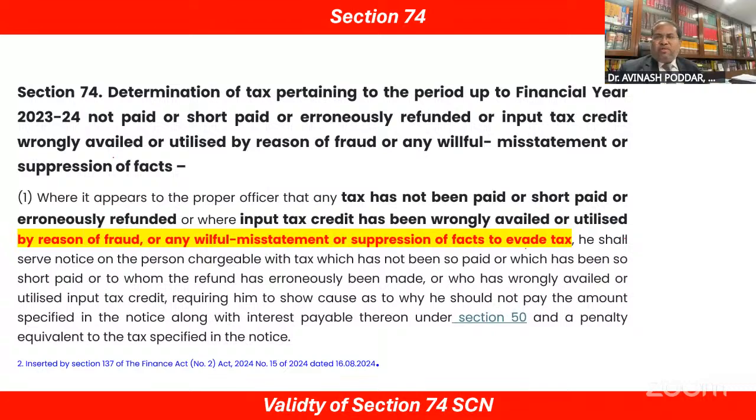See, what is Rule 89? Rule 89 talks about the refund of input tax credit which is accumulated. Specifically, it talks about two situations. One, where the accumulation is on account of inverted duty structure.